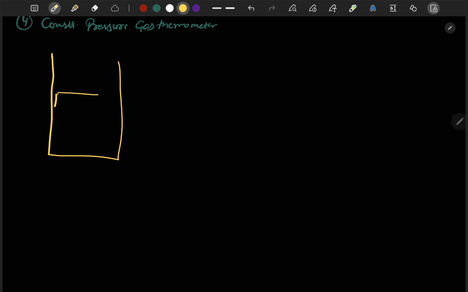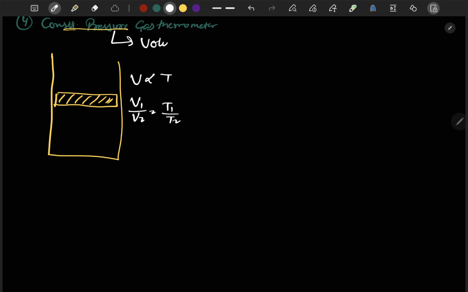Since the pressure is constant, volume will be directly proportional to temperature, and V1 by V2 is equal to T1 by T2. From this we can say that for a constant pressure gas thermometer, volume is the thermometric property.